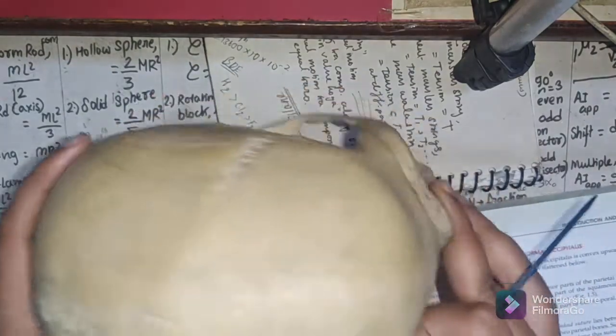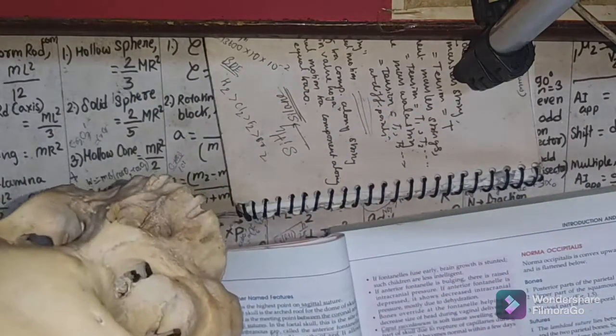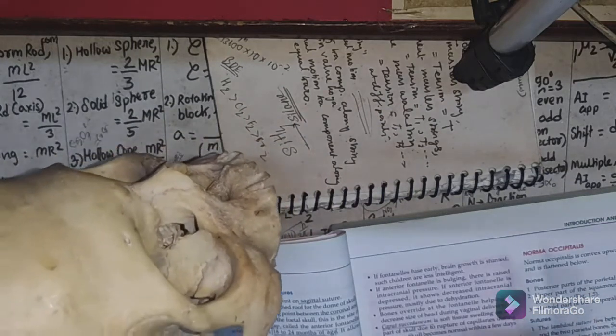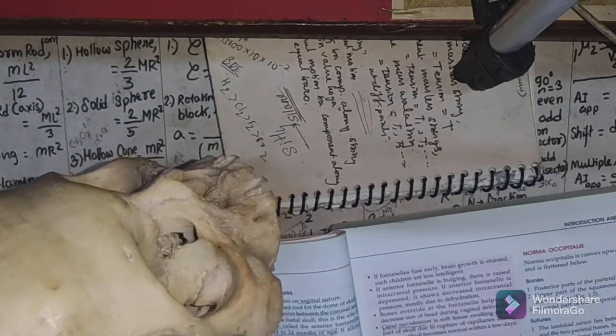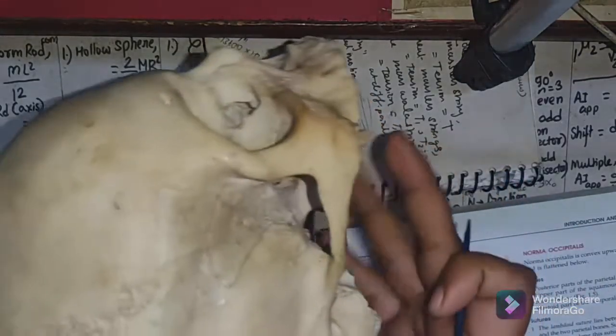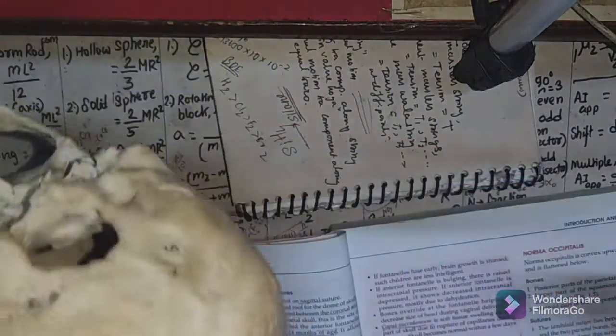Now BDC has mentioned one important point about the caput succedaneum. What is it? Caput succedaneum is a soft tissue swelling on any part of the skull, due to rupture of capillaries during delivery.